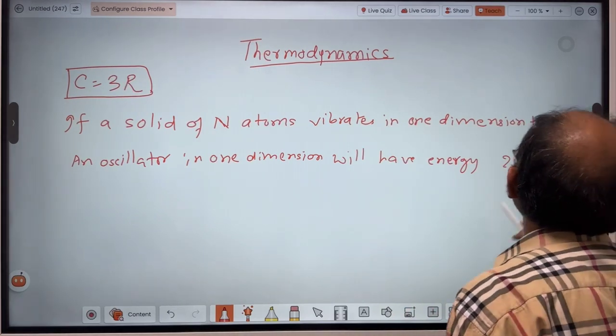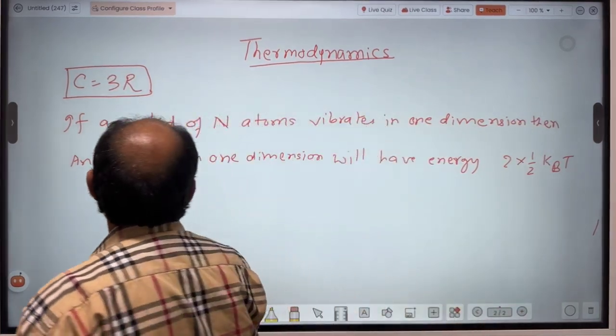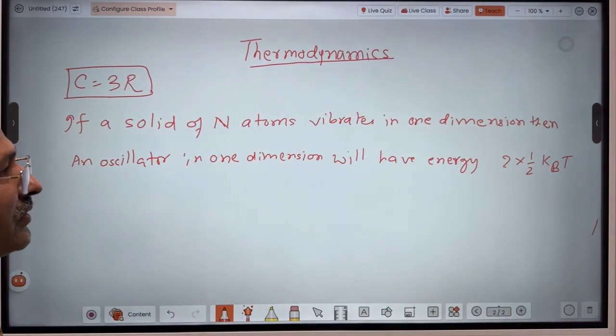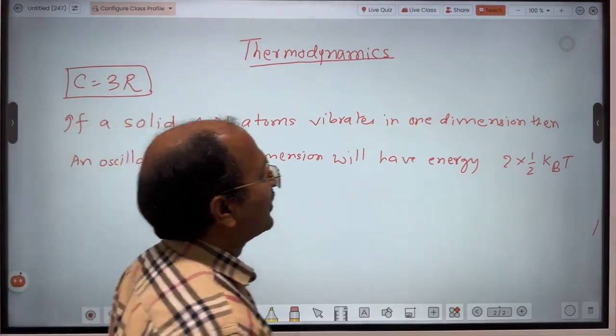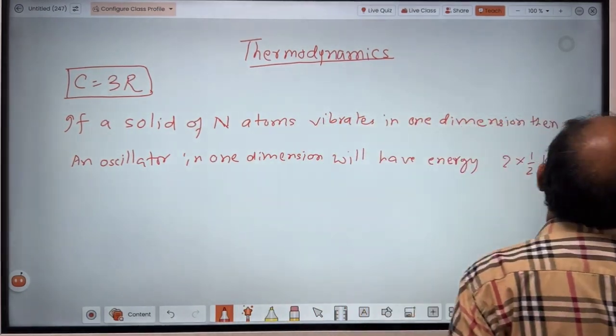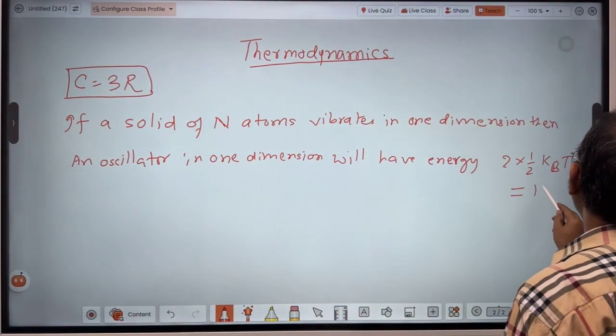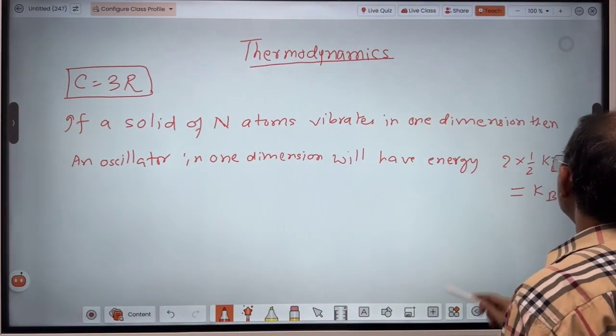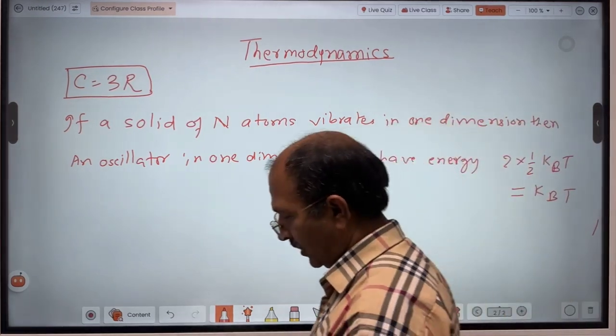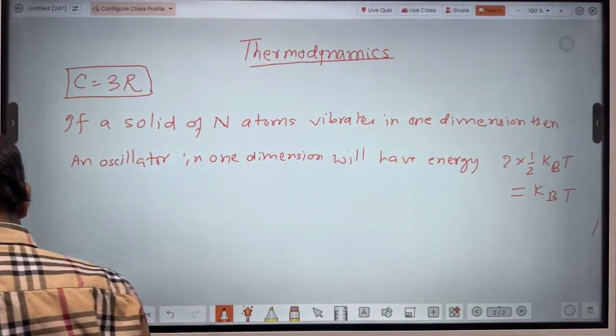Do you remember? This is from principle of equipartition of energy. Each degree of freedom has energy that is half kBT. So this will become kBT, where kB is Boltzmann constant, right?